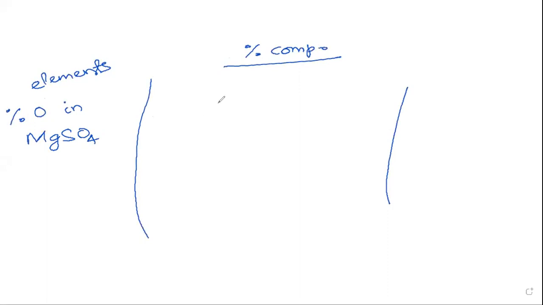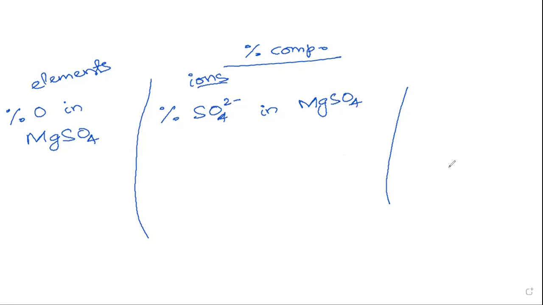For the second part, it may come for ions. For example, they ask you to give the percentage of sulfate ions in MgSO4. So I hope you understand it only leaves the magnesium out. You're supposed to calculate the rest, divide it by 120 and multiply it by 100.